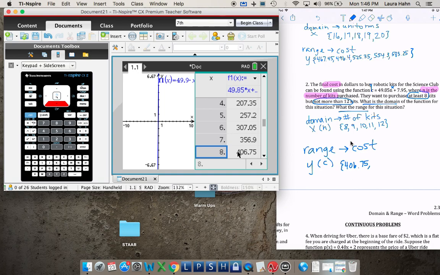Okay, but we're not done until we find all of these different costs. So now let's go to 9 kits. If we buy 9 kits, it costs $456.6. 10 kits, 11 kits.